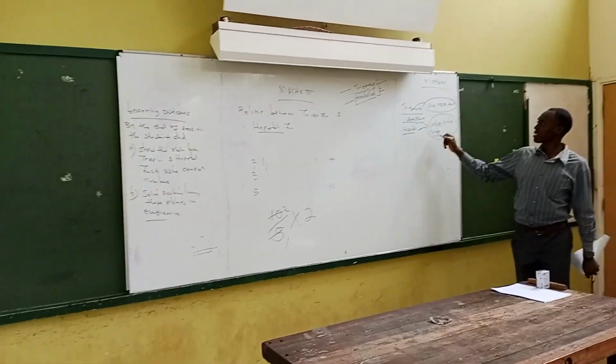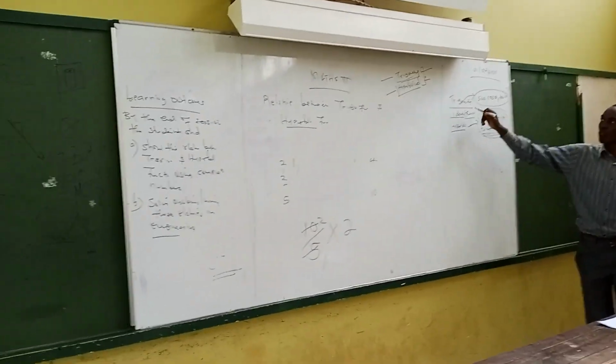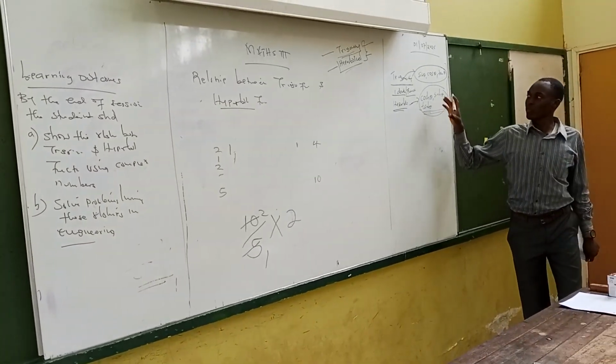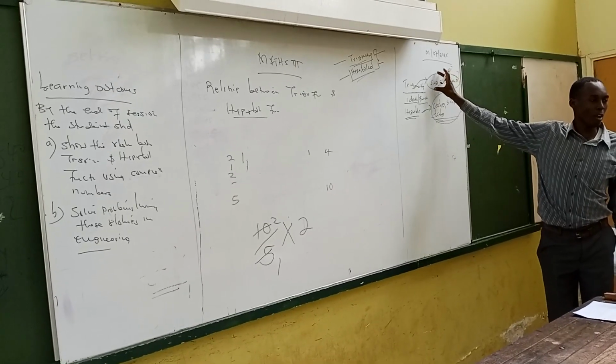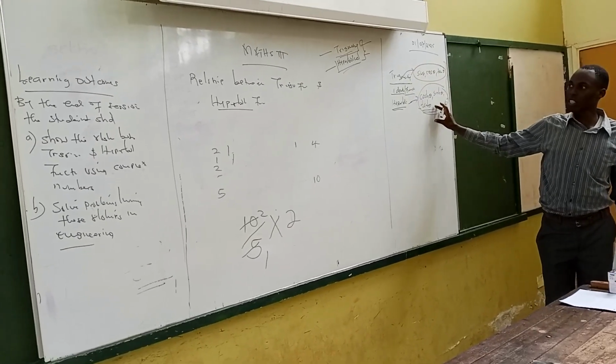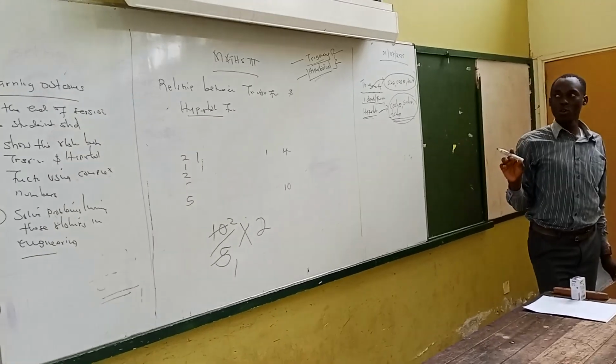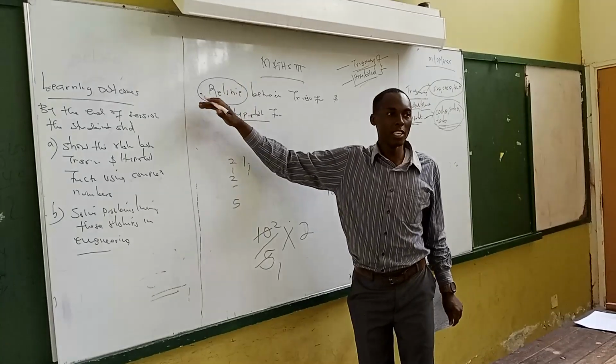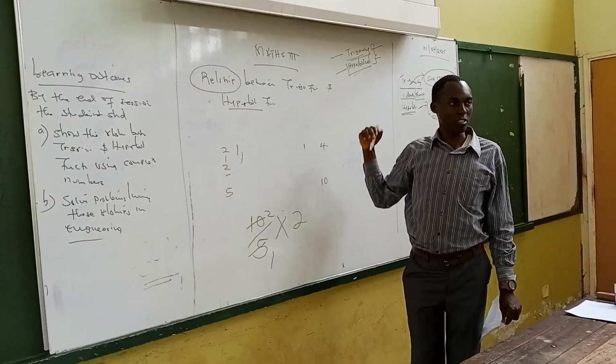Now we were at the basic functions of trigonometry and hyperbolic. After we have known the basic functions of hyperbolic and trigonometric functions, what we want to do is to find the link, the relationship between the two functions.